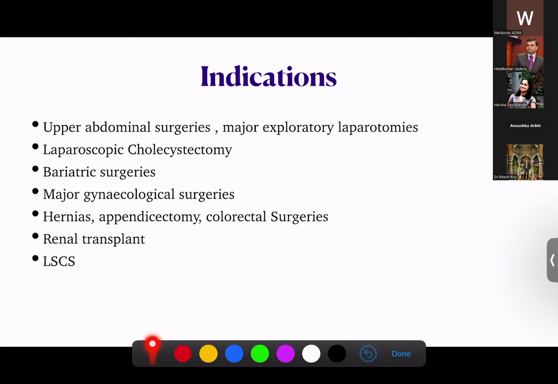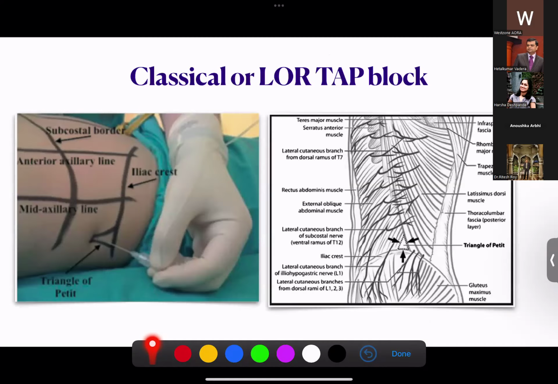The indications for the TAP block are upper abdominal surgeries, major exploratory laparotomies, laparoscopic surgeries like cholecystectomies, bariatric surgeries, major gynecological procedures, cesarean sections, renal transplants, nephrectomies, hernias, appendicectomies, and colorectal surgeries.